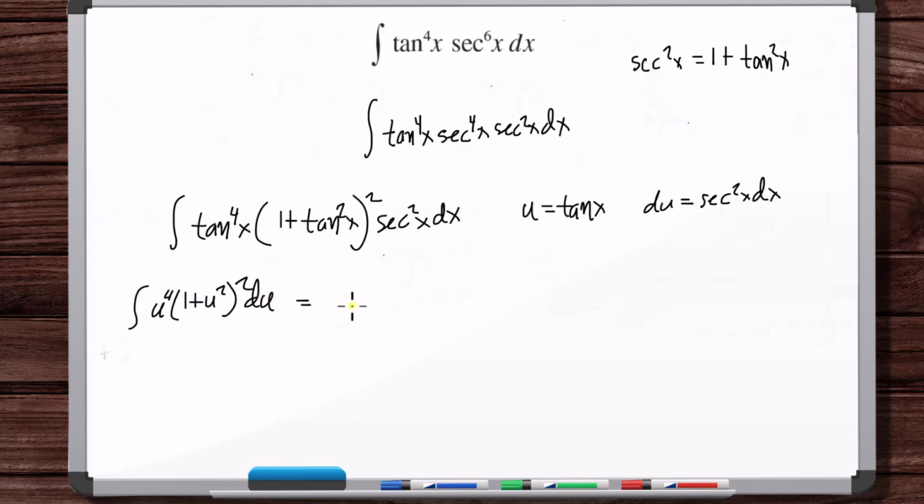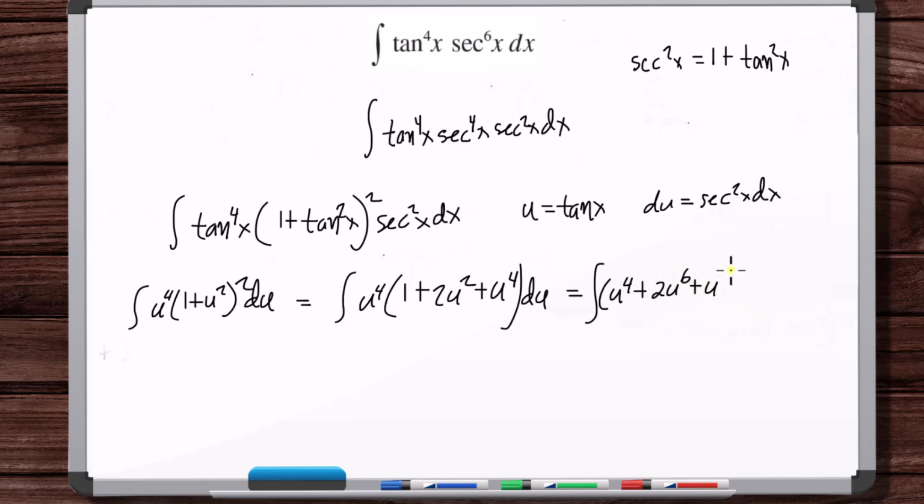Expanding, u to the fourth, 1 plus 2u squared plus u to the fourth, which is u to the fourth plus 2u to the sixth plus u to the eighth. Integrating, 1/5 u to the fifth plus 2/7 u to the seventh plus 1/9 u to the ninth.